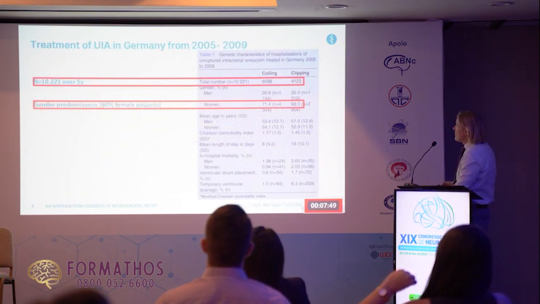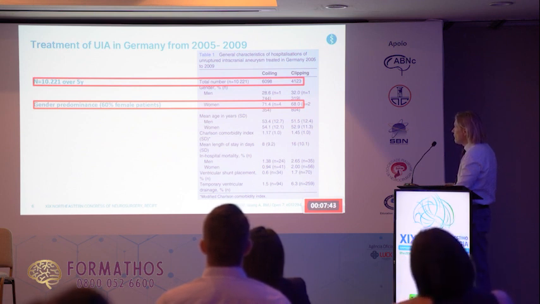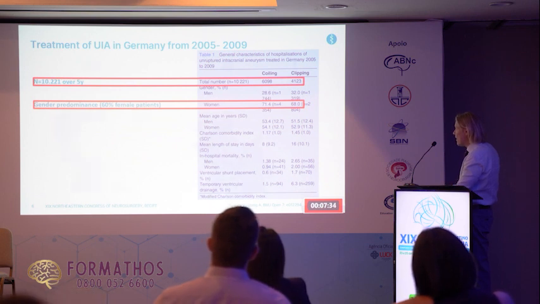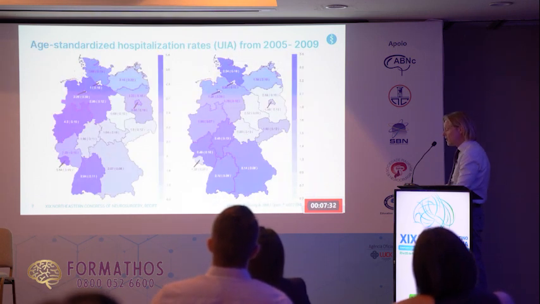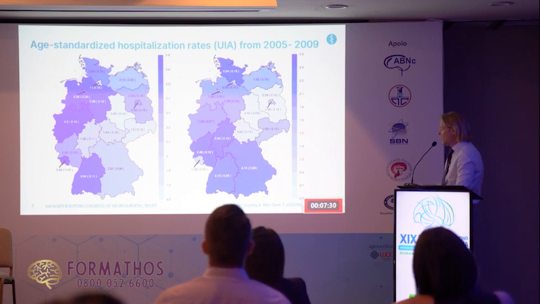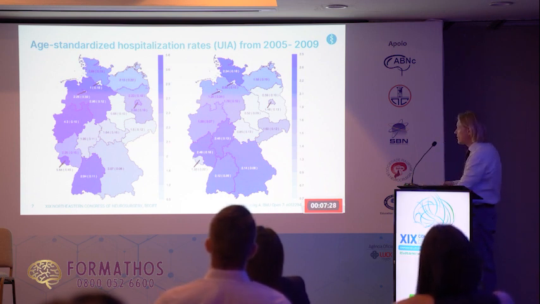This is the total number of patients enrolled in this time period of 5 years between 2005 and 2009, and the gender predominance was clearly female, 60%. Otherwise, a coherent cohort.